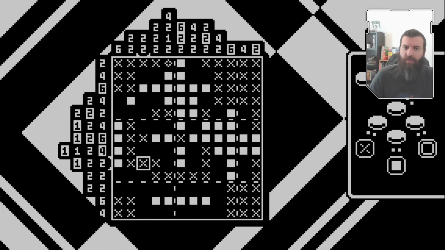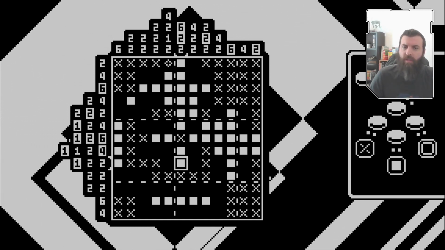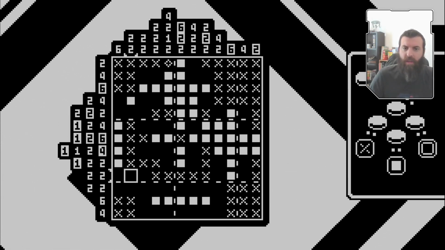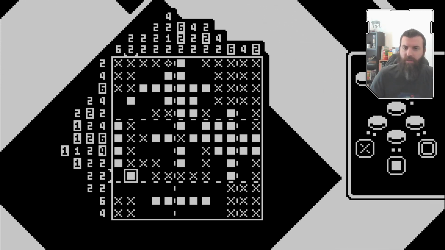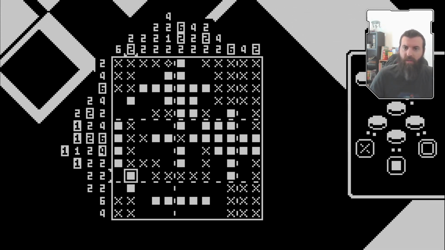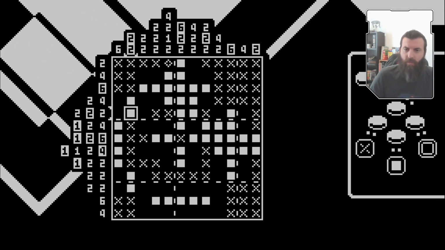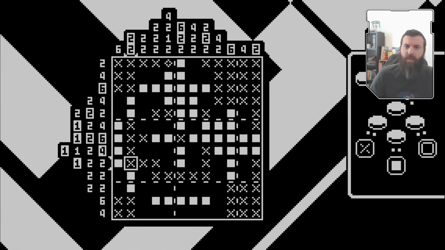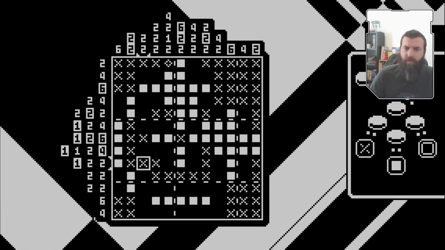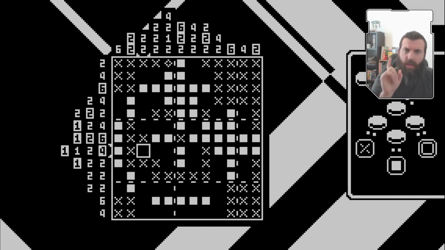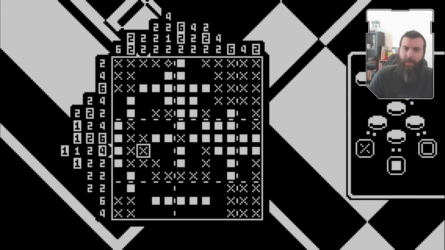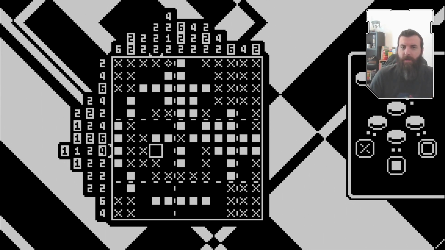Can't fit a horizontal 2 here. X'd out. Need a second horizontal 2 in here, so this has to go like this. That's kind of the only way that this works out. Alright, so can't fit a vertical 2 right here. That's X'd out.